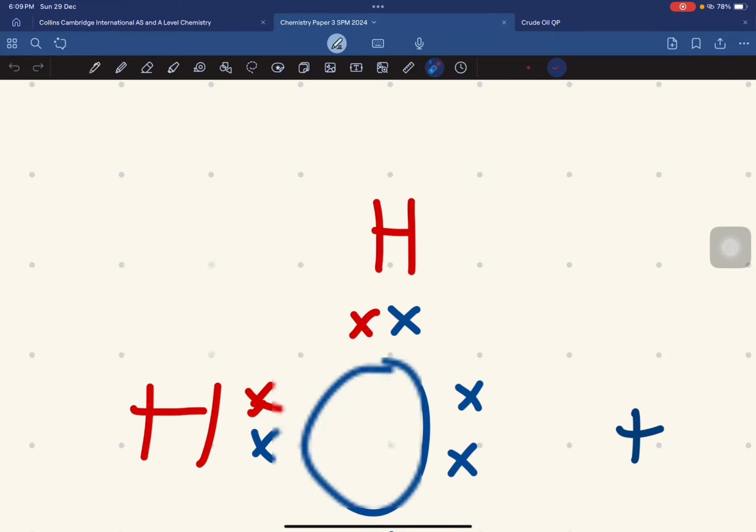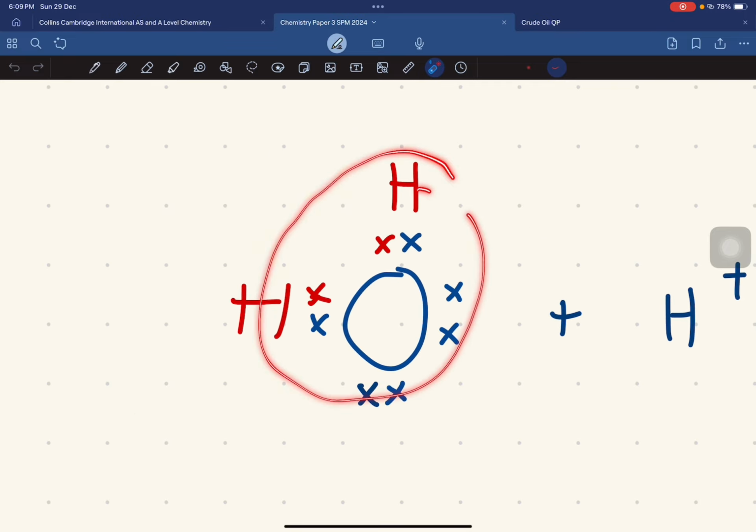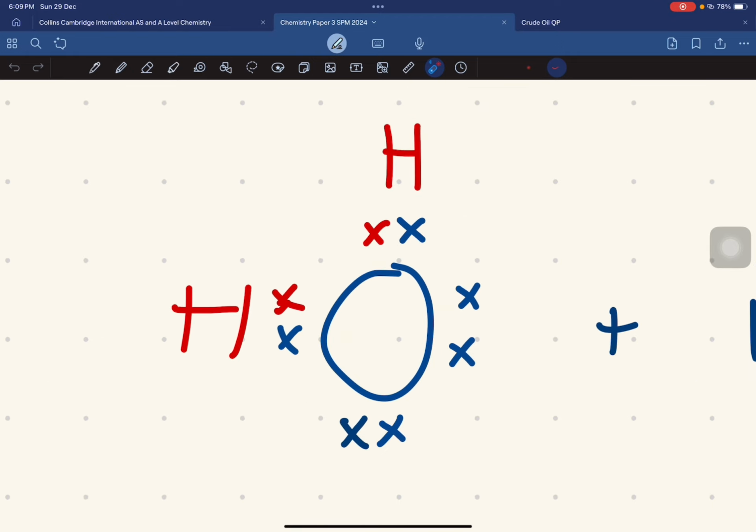And looking at hydrogen atom, it is located in group 1 period 1, so we have 1 proton and 1 electron. So in a water molecule, each of these hydrogen atoms contributes 1 electron.